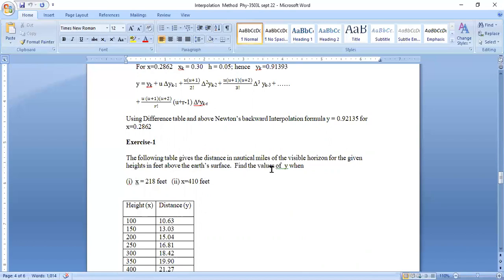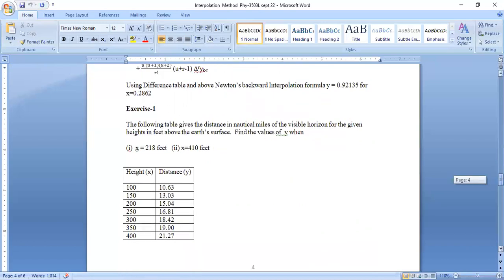Find the value of y when x is 218 feet and the other value of x is 410 feet. So you have to interpolate this x.